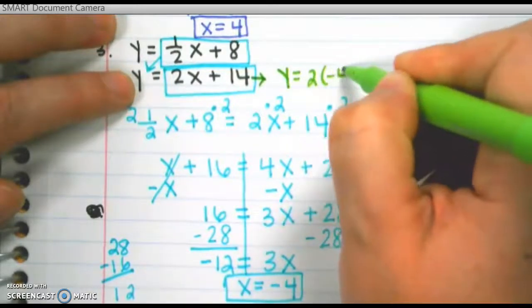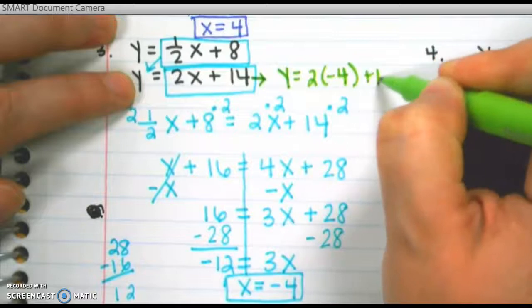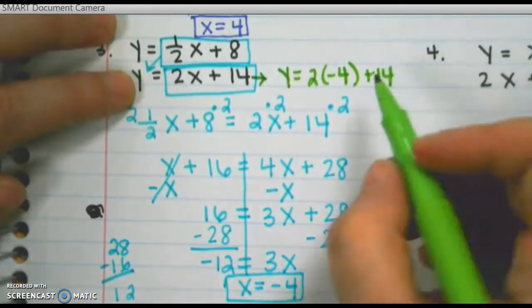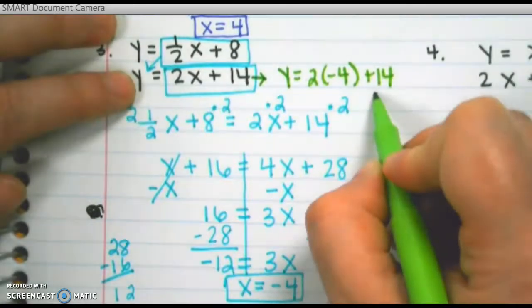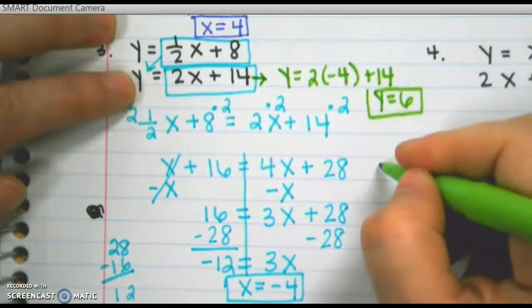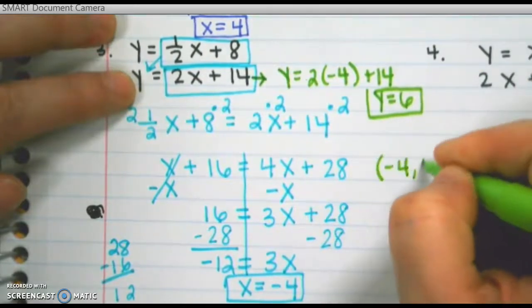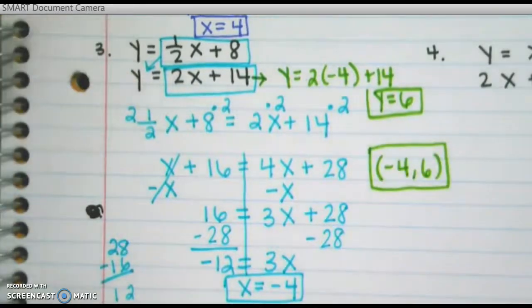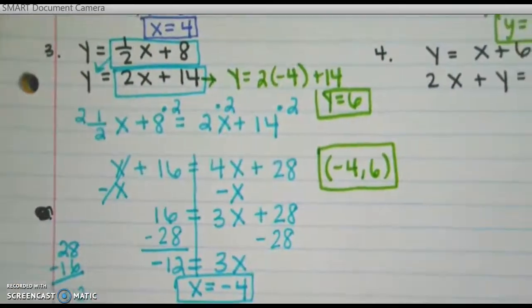So 2 times negative 4 plus 14, that would be negative 8 plus 14, which is 6. So the answer for this one is negative 4, 6. Make sure you do the x number first in the ordered pair.